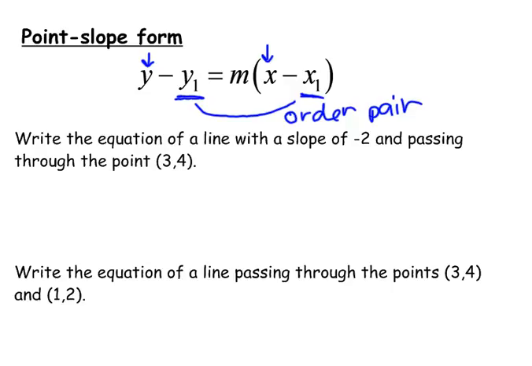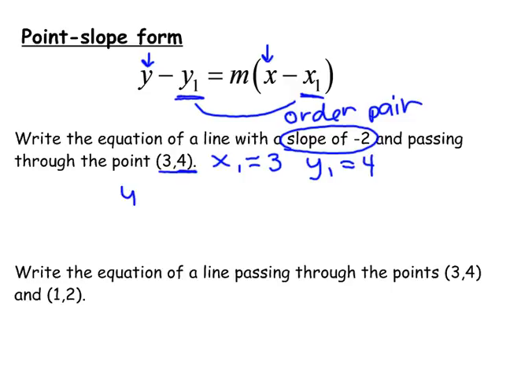Our problem says write the equation of a line with a slope of -2, so we're going to still plug that in for the slope, and it passes through the point (3, 4). So that means x sub 1 is equal to 3, and y sub 1 is equal to 4. So we're going to fill in this equation.